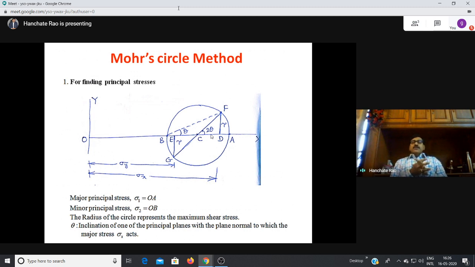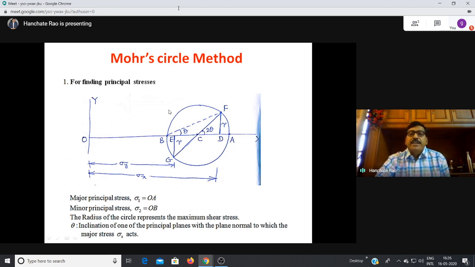So 2 theta, if you just divide by 2, you get theta, which is the location of the major principal plane. If you add 90 degrees to theta, you get the minor principal plane. So like this, you can get the major and minor principal stresses from the diagram.